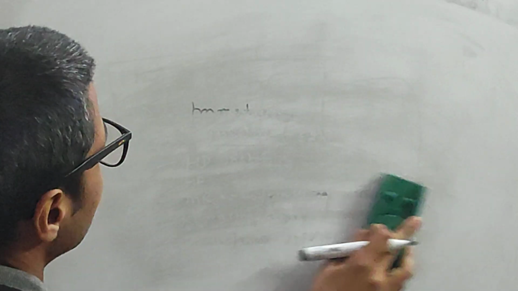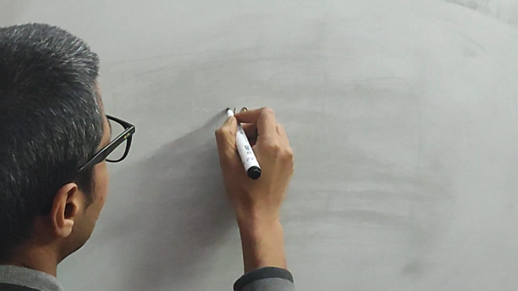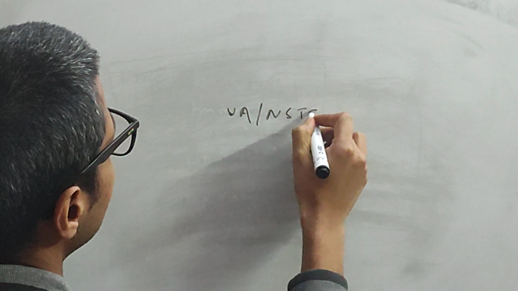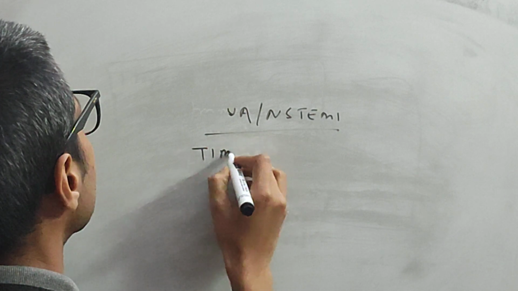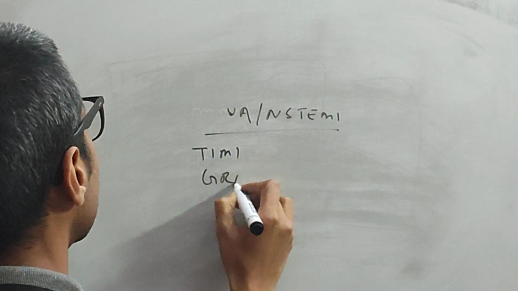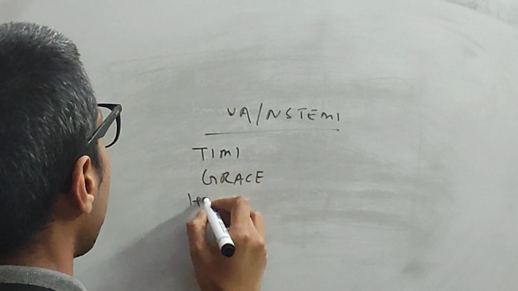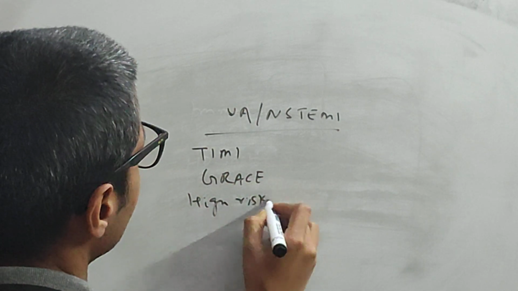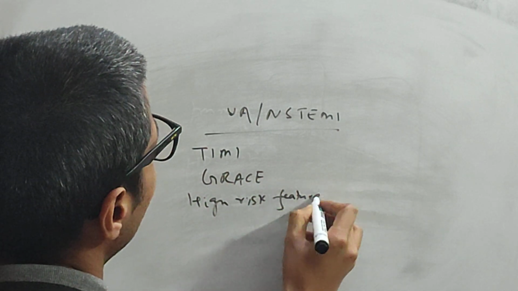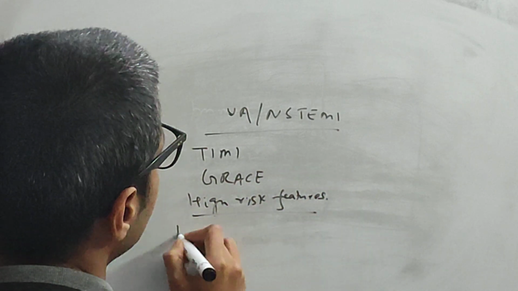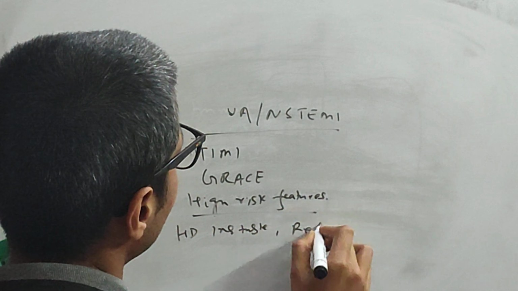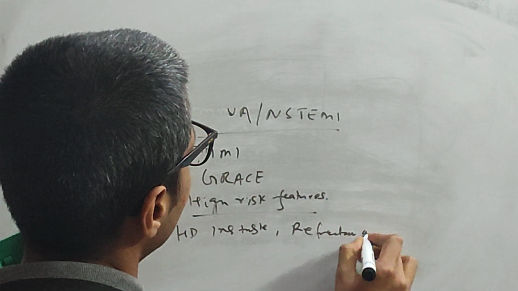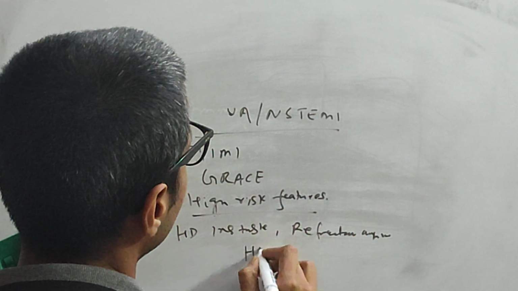Okay. So in a nutshell, what we learned about management of unstable angina or NSTEMI is that we do TIMI risk scoring, we do GRACE risk scoring, and we look for whether there are high risk features in patients, or if the patient is hemodynamically unstable, has refractory angina, or heart failure.